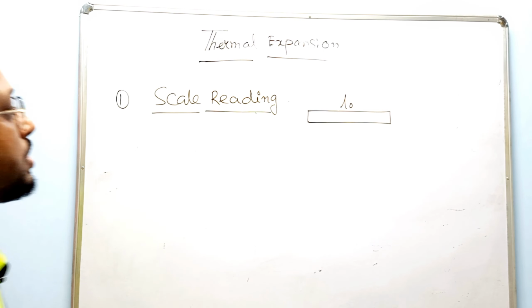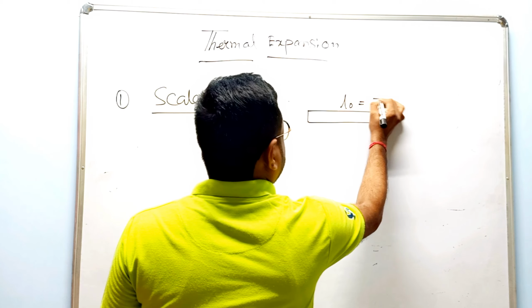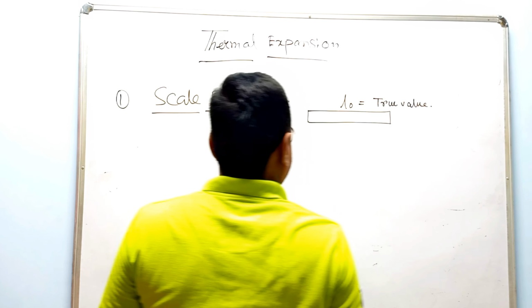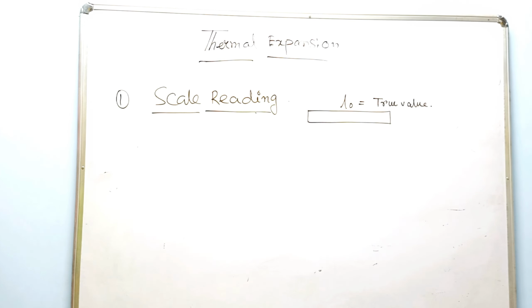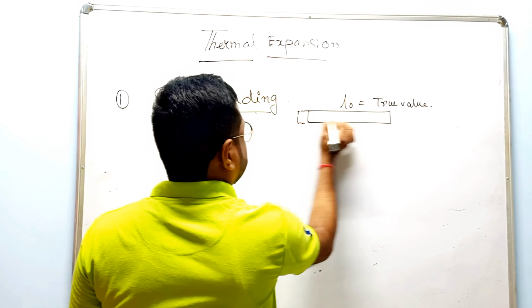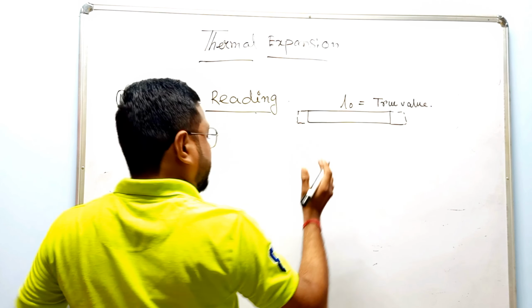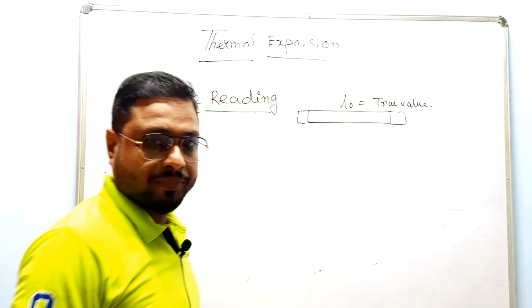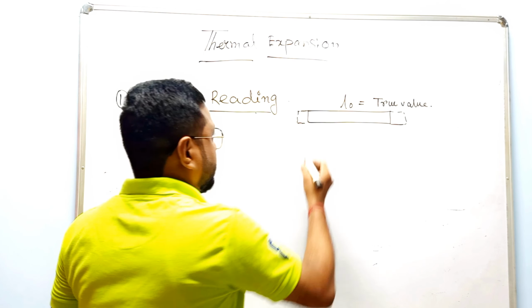So L0 is called its true value, the true value of the object. Due to increase in temperature, suppose the scale expands. So if the scale is increased, then the reading is decreased. Understood? Because the scale has expanded.